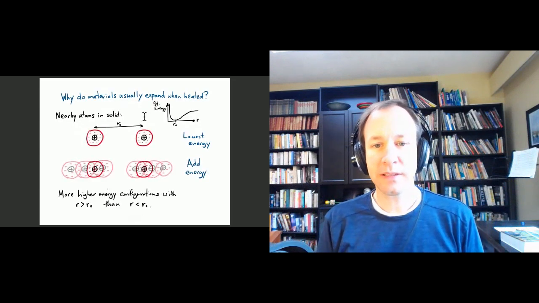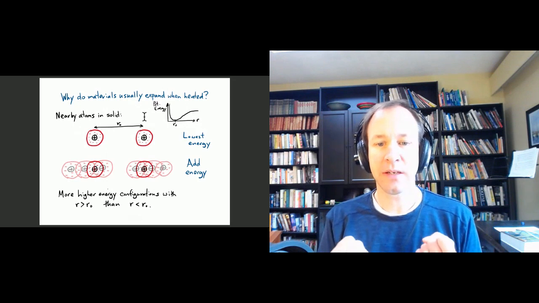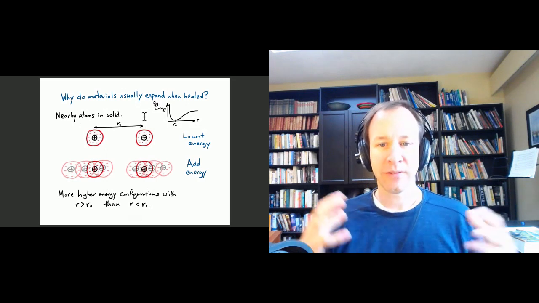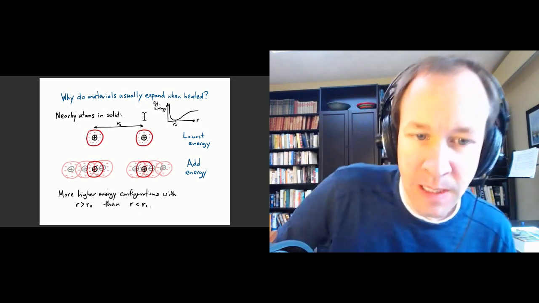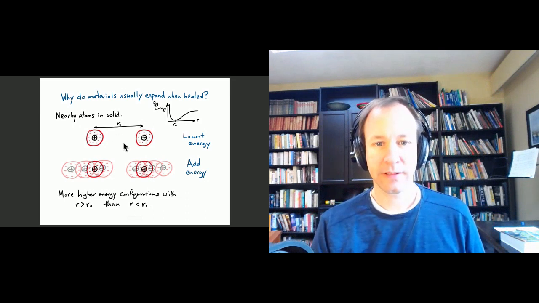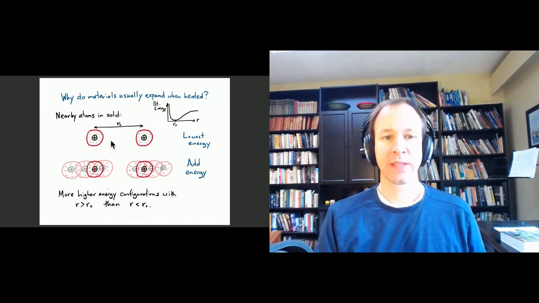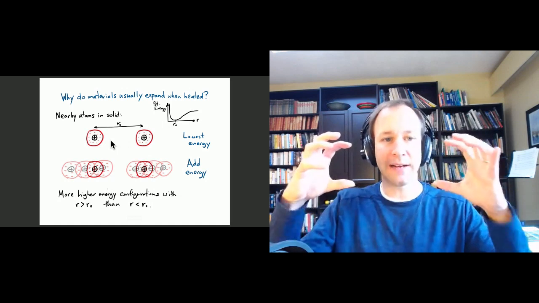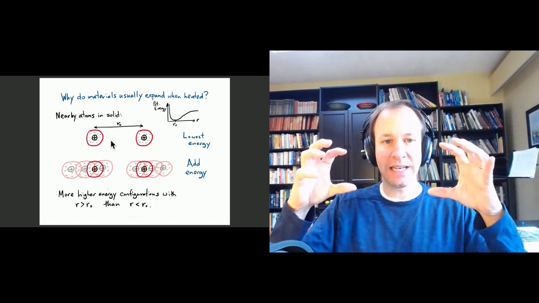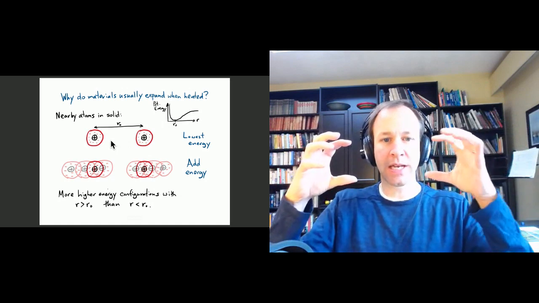So here's a little digression to understand why it is that when we actually heat something up, it tends to expand. What I've drawn here in the second picture is a picture of two atoms in a solid. The same thing applies if there are molecules.